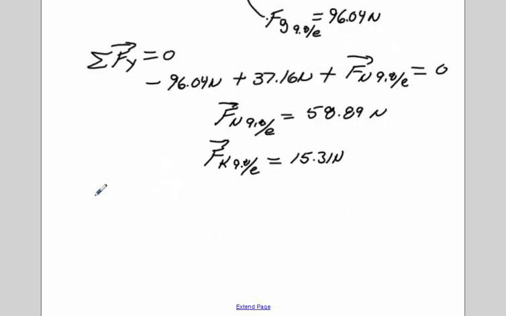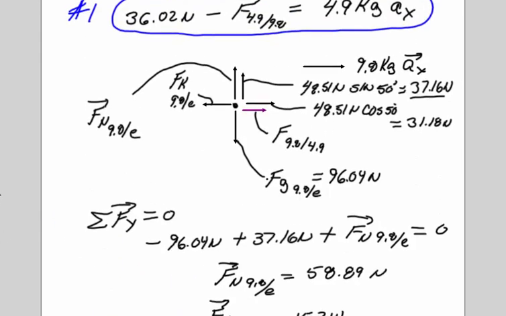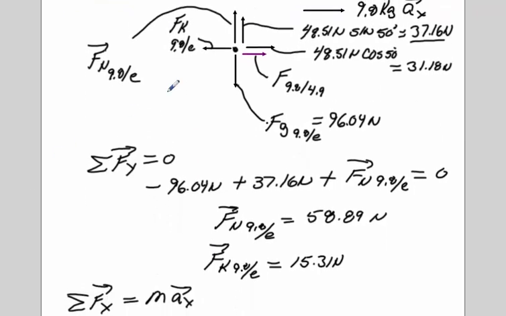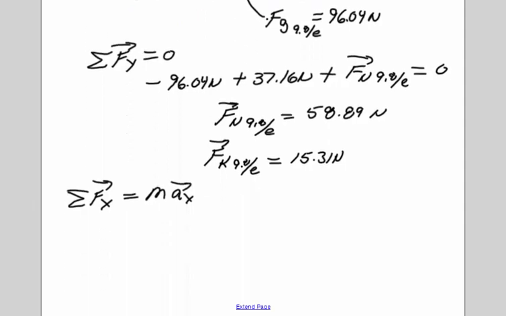Okay, at this point I will sum forces in the x direction, and I will set that equal to mass times acceleration in the x direction. What do I have going to the left? The only thing I have going left is my kinetic friction.